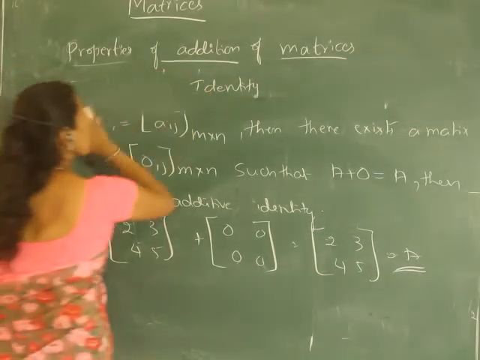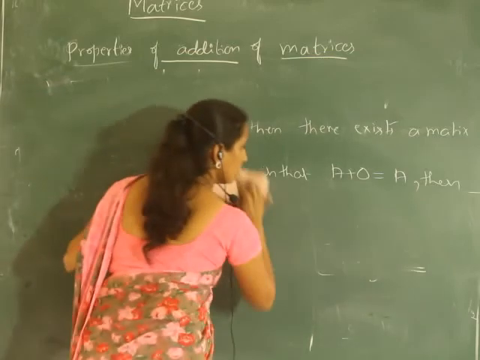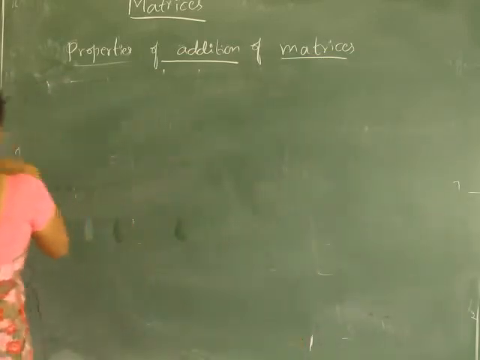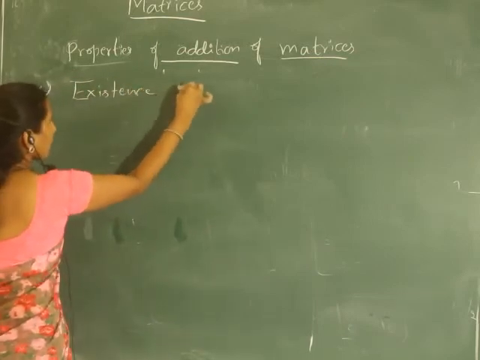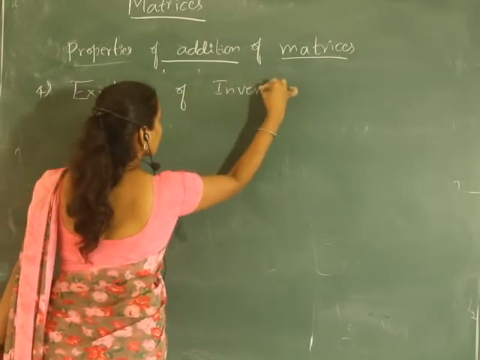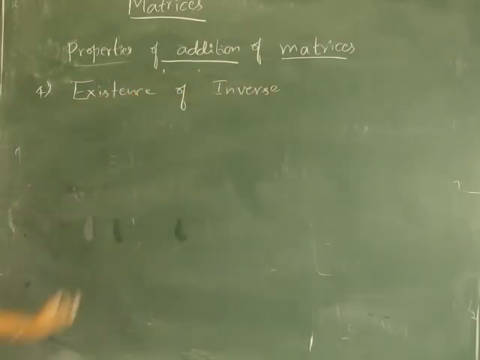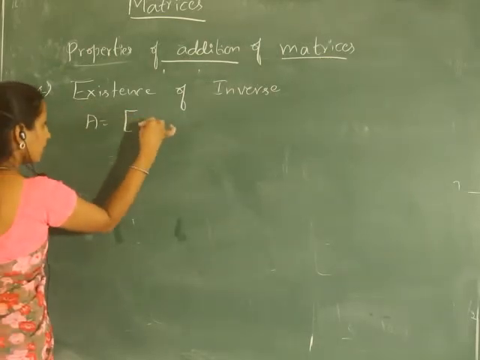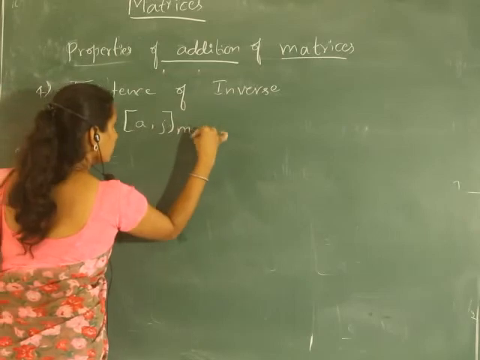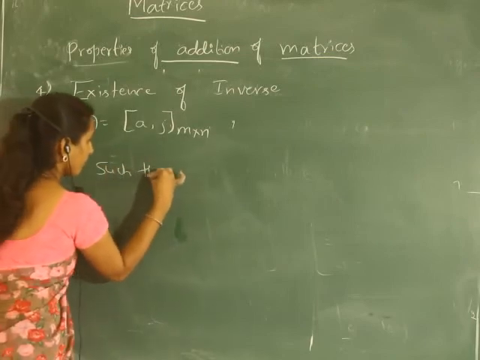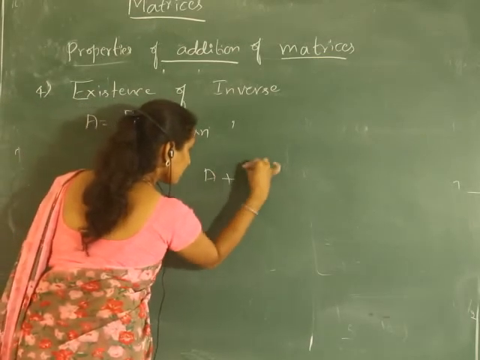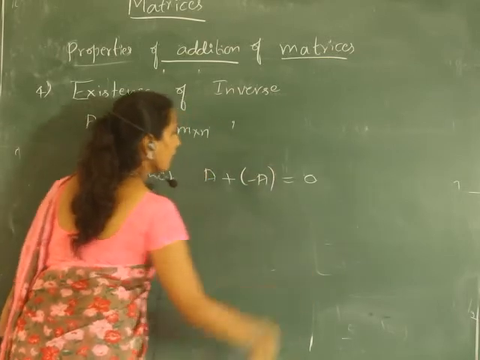Next one is existence of inverse. So for any matrix Aij of order m cross n, there exists one matrix such that A plus that matrix is equal to identity.